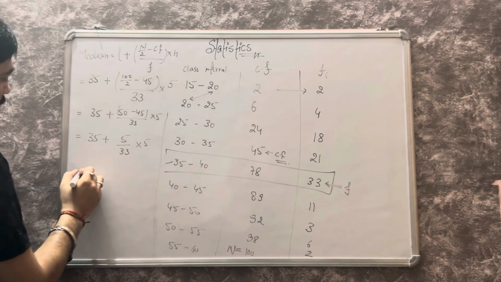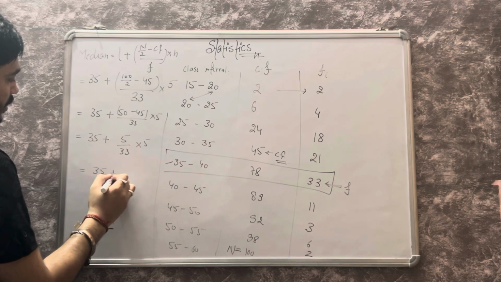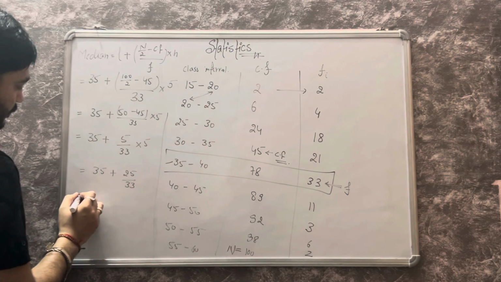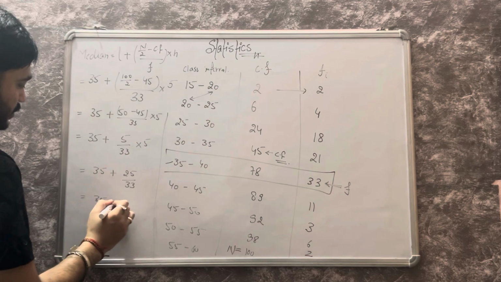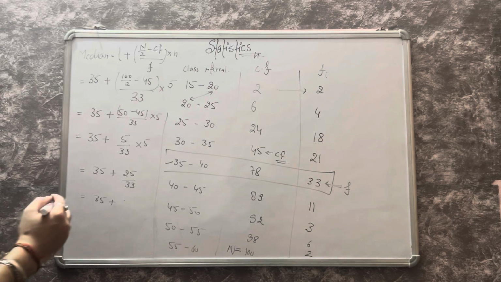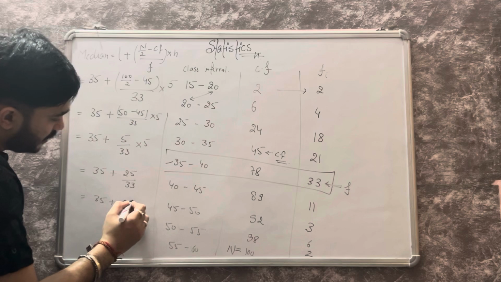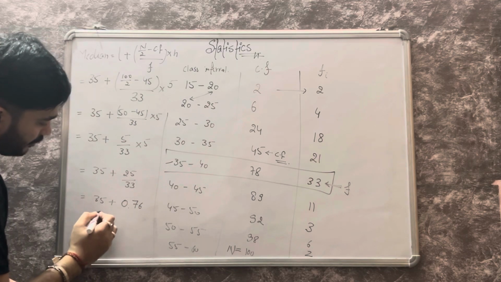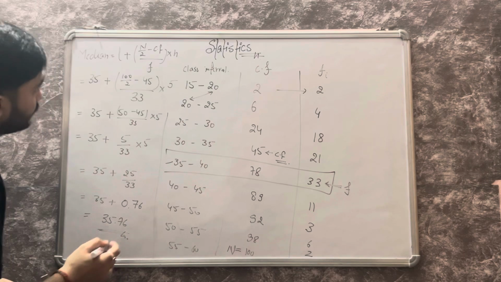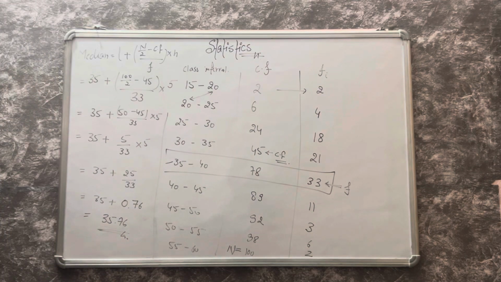Multiply by 5. 35 plus 5 into 5 is 25 divided by 33, equal to 35 plus 25 divided by 33, which is approximately 0.76, and you will get the answer 35.76 as your median. Any doubt? Please take the screenshot of this.